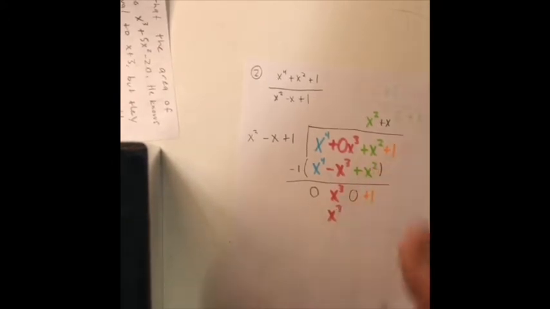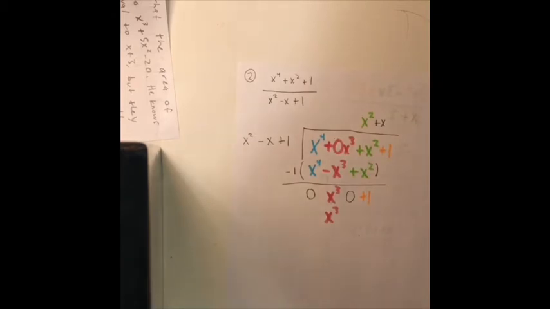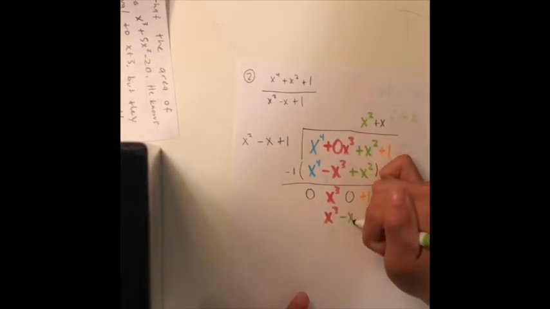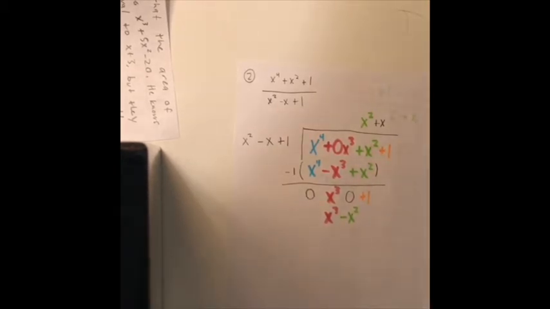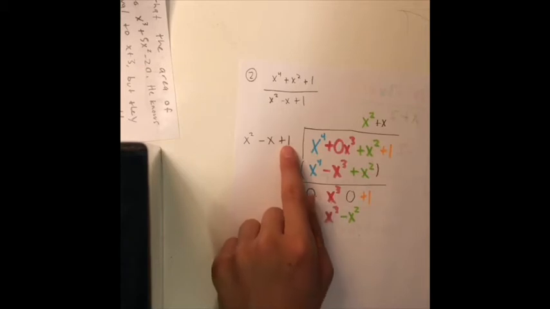X times negative x is negative x squared. And x times +1 is just x.